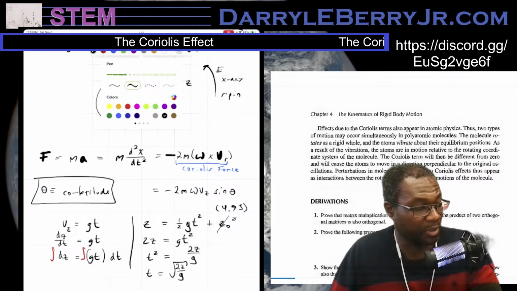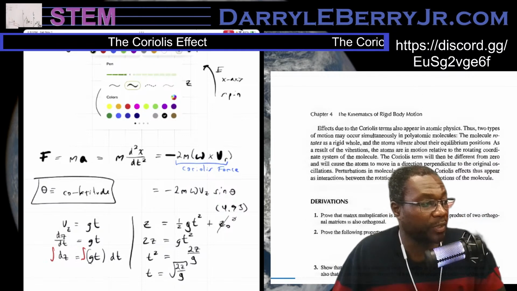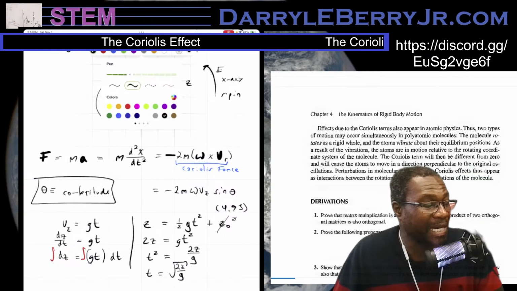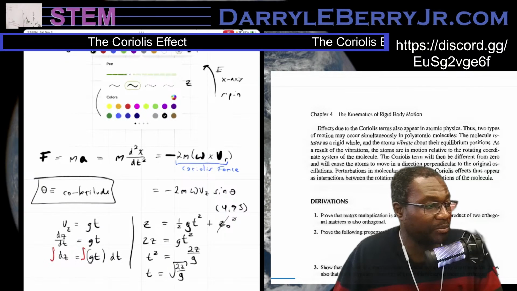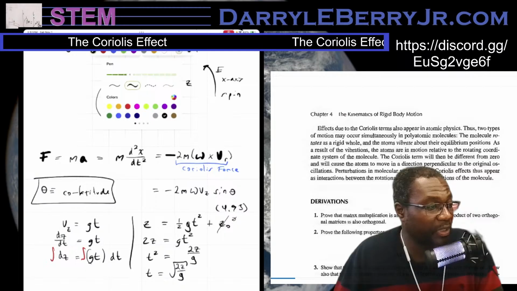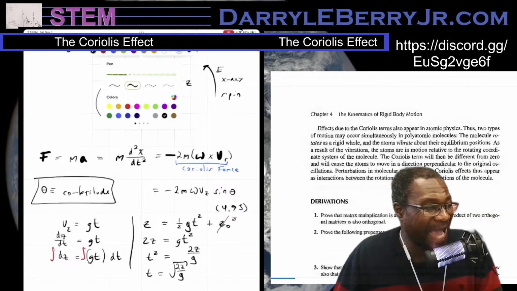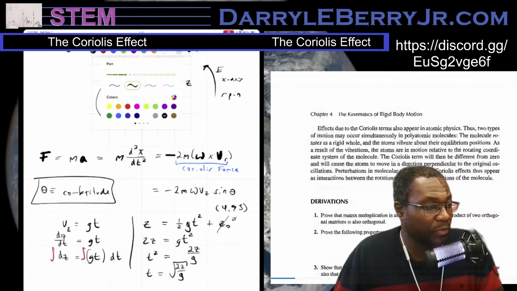All right, last part of this. Effects due to Coriolis terms also appear in atomic physics. Thus, two types of motion may occur simultaneously in polyatomic molecules. The molecule rotates as a rigid whole, and the atoms vibrate about their equilibrium positions. As a result of the vibrations, the atoms are in motion relative to the rotating coordinate system of the molecule.